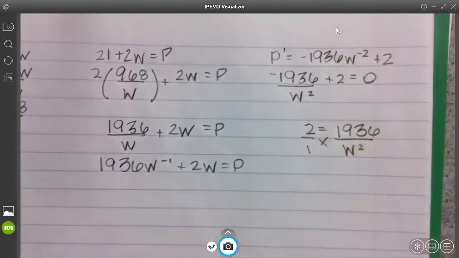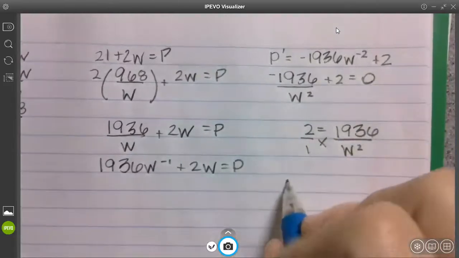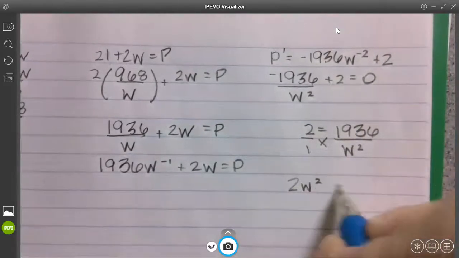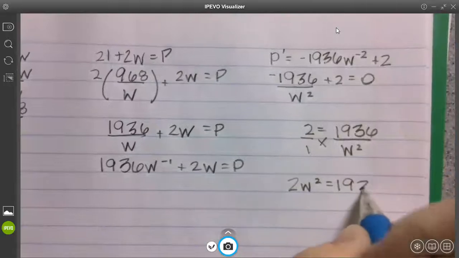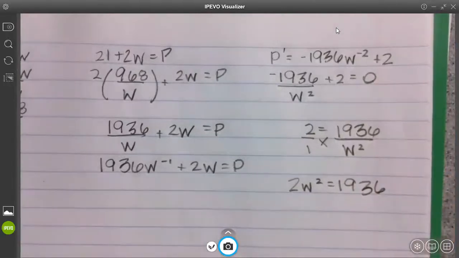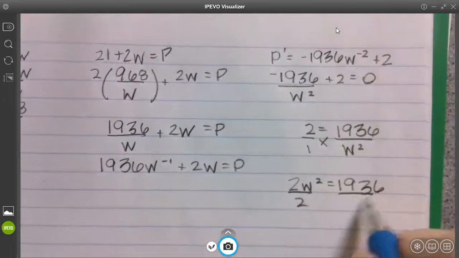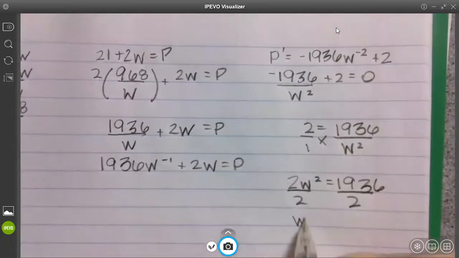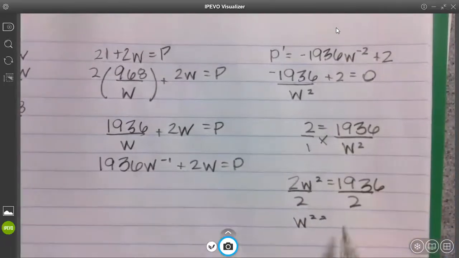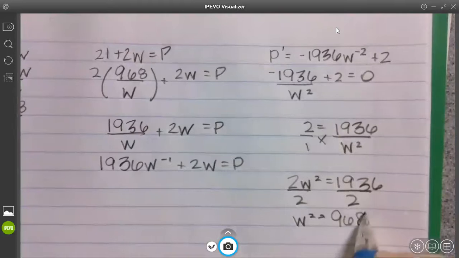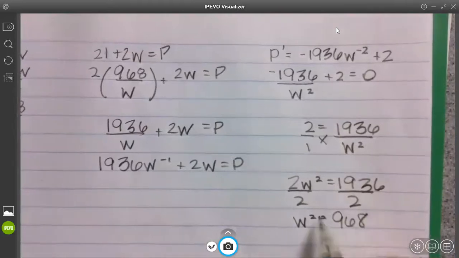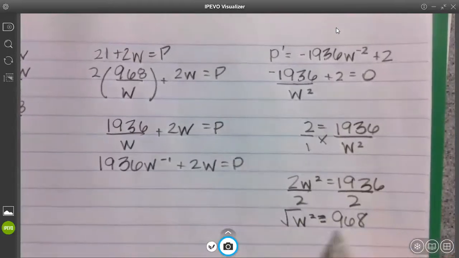We're going to cross multiply to solve it. When I multiply 2 times W squared is 2W squared equals 1936. I'm going to divide by 2. I get W squared equals 968. And then we're going to take the square root.